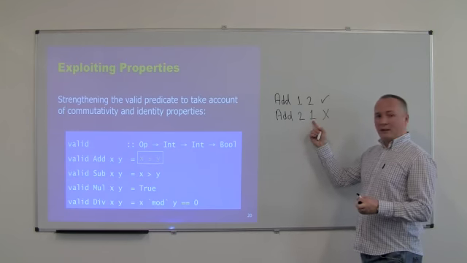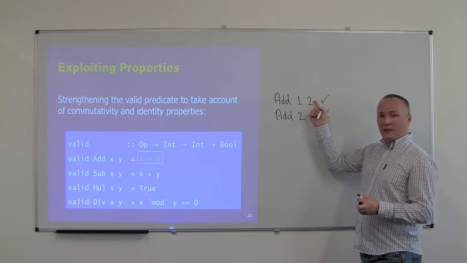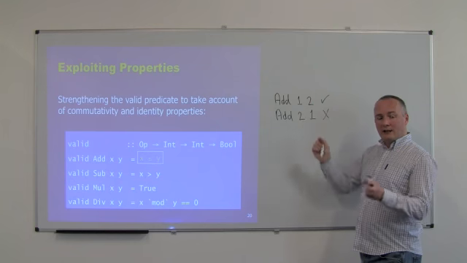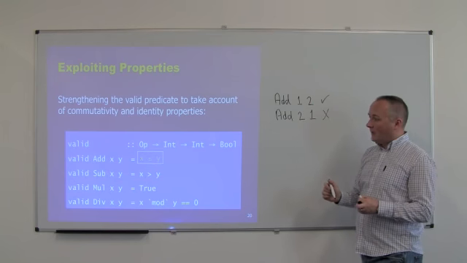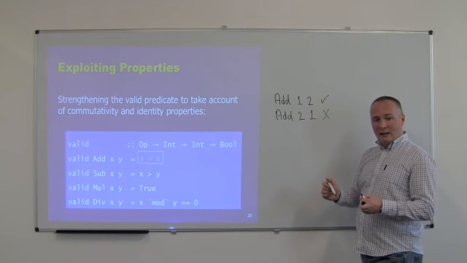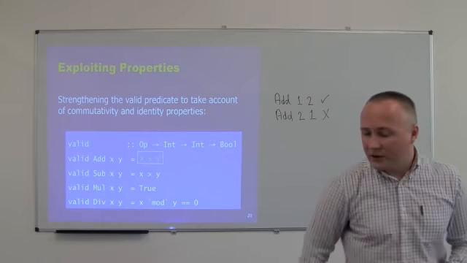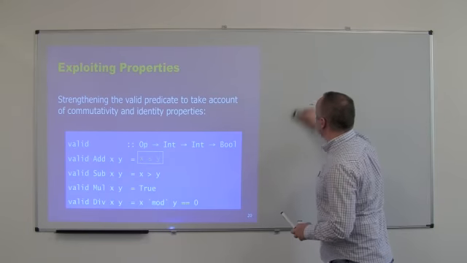So I don't really need to consider this one, where the first one is bigger than the second one, because I know I'm also going to consider this one. So the way I'll take account of commutativity is I'll say you're only allowed to add 2 numbers if the first one is less than or equal to the second one. Okay, so that's a little trick to account for commutativity of addition.